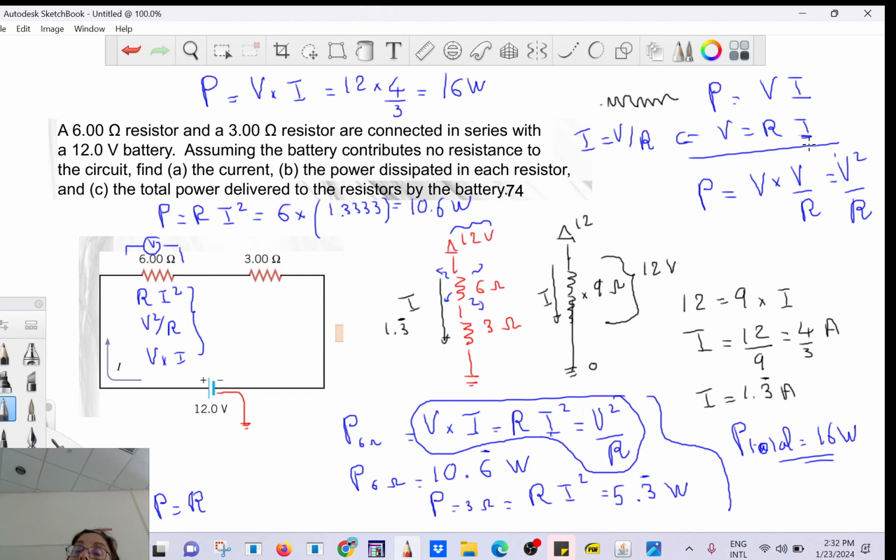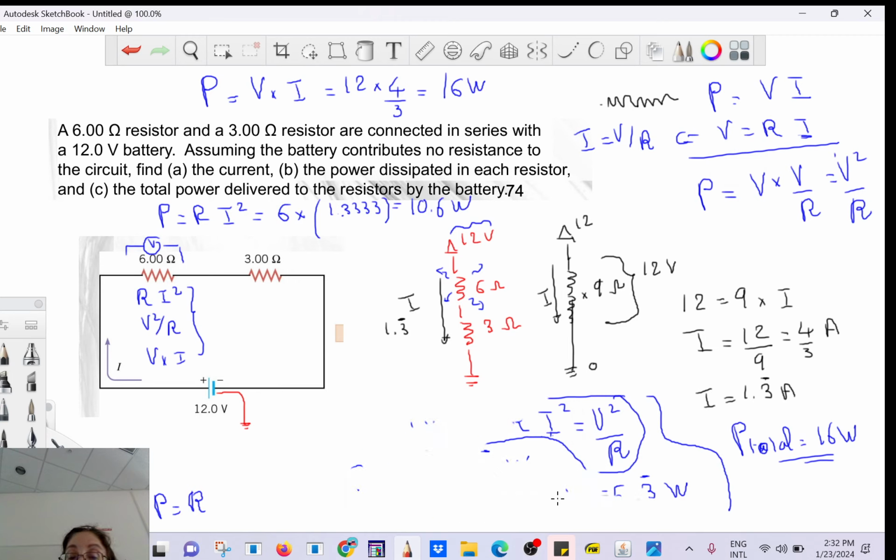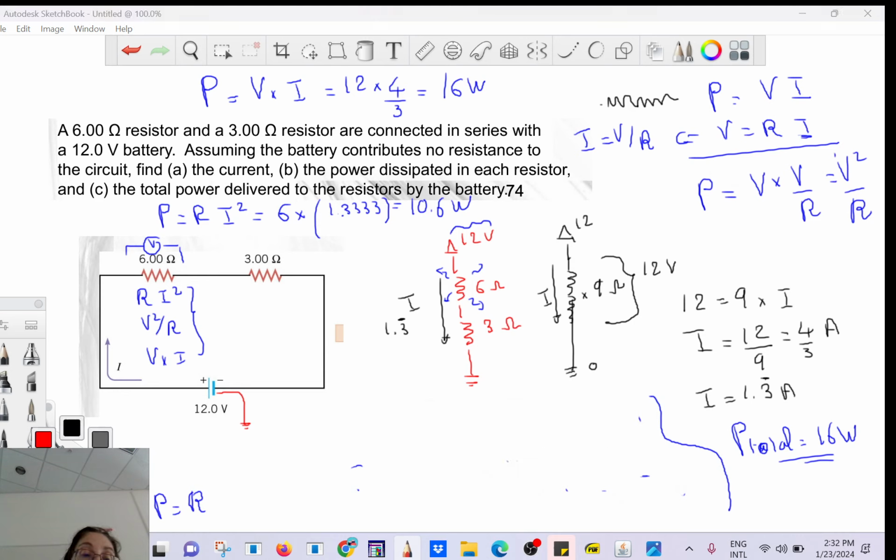No? Let's check. Let's do it a different way. It's going to be the same answer. Let's do V squared over R. Let's see if we get the same answer. Can you compute the voltage drop here? Let's find the voltage drop here.